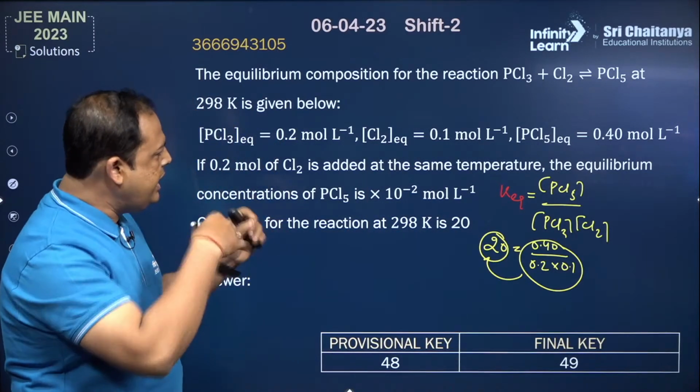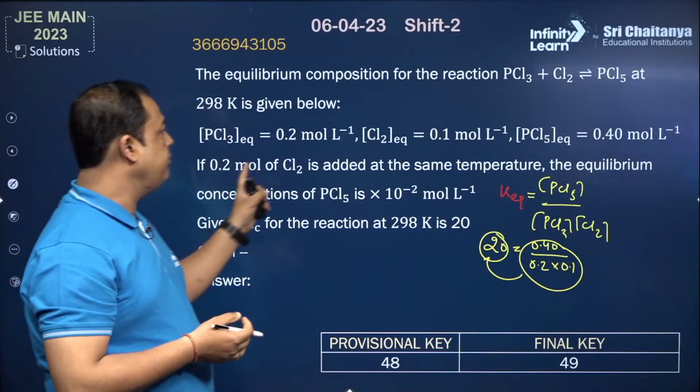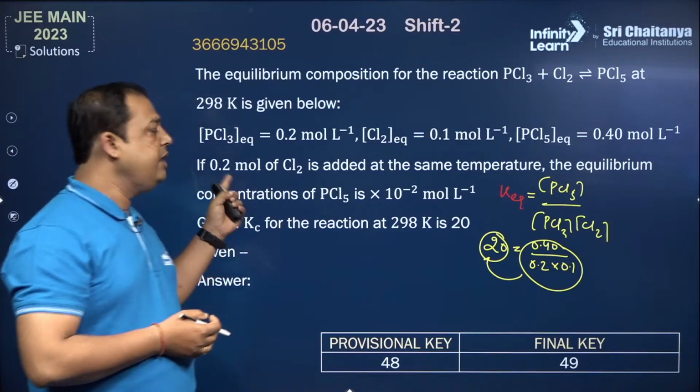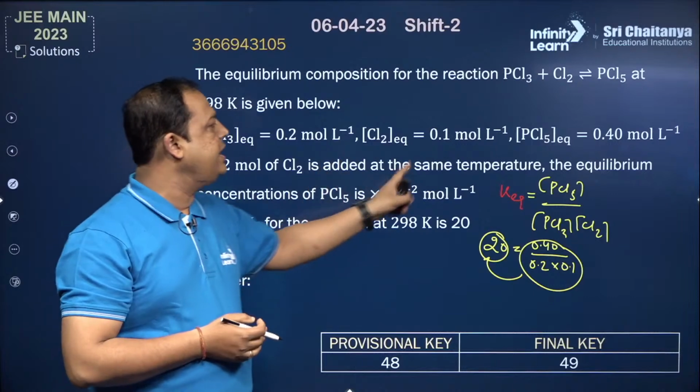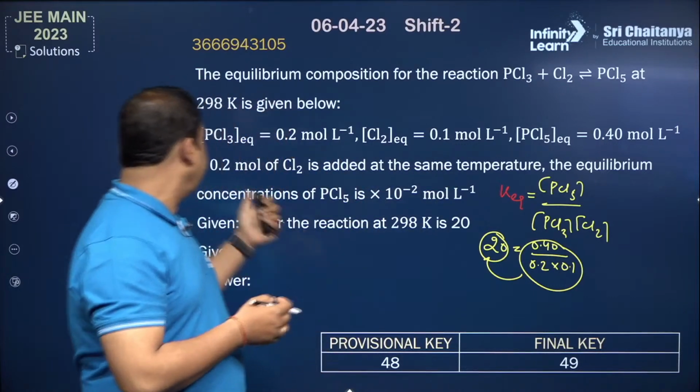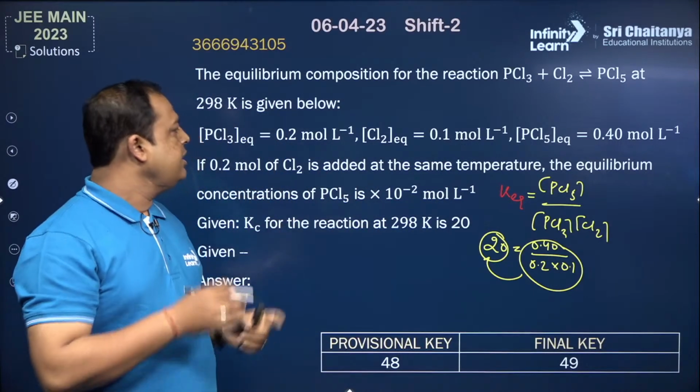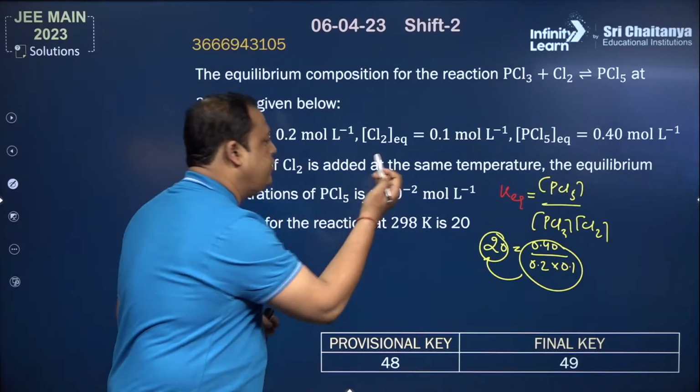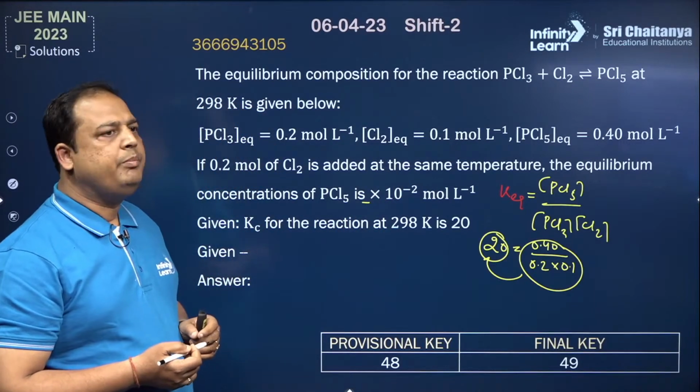If there is a change in the concentration of Cl2, that is, if 0.2 mole of Cl2 is added at the same temperature, the equilibrium concentration of PCl5 is dash into 10 to the power minus 2 mole per liter.